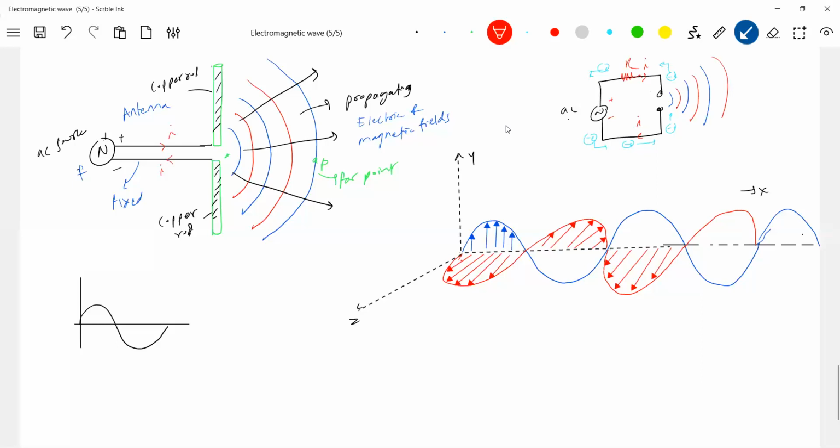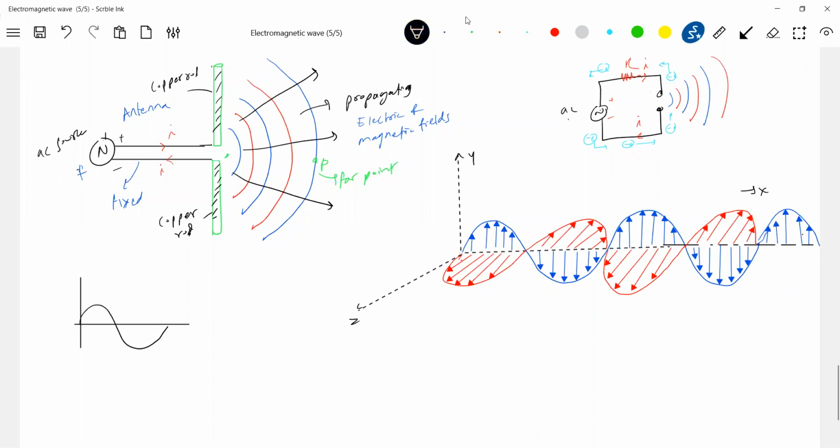See that the arrow should point towards the z-axis only. In that way, you have to draw it. Okay, the books, what they said.